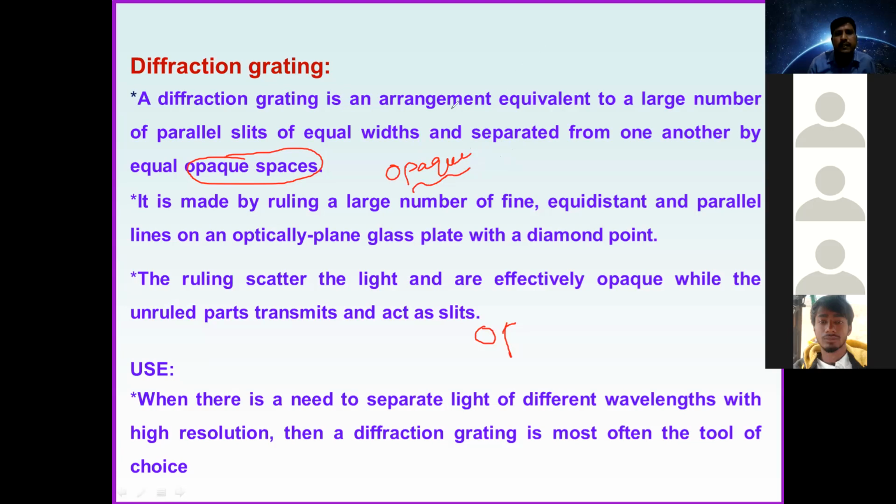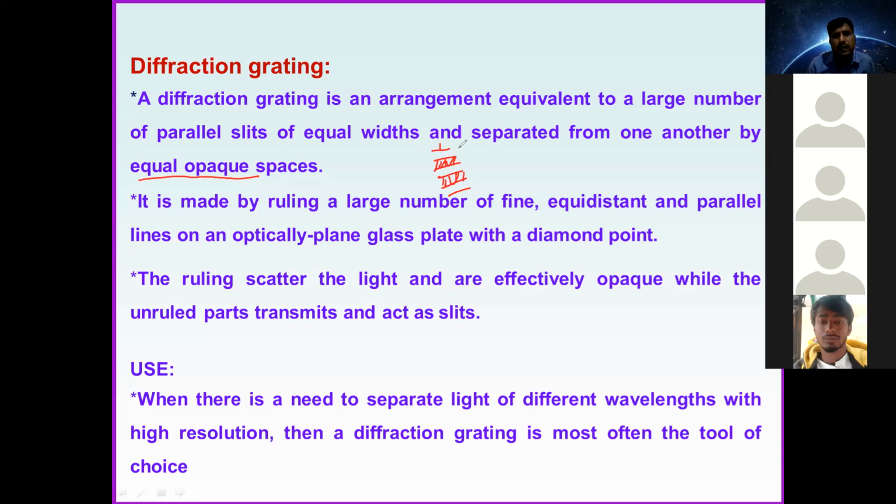So basically, when you keep the slit, what happens? It should be like this. This is the arrangement actually. If you can observe here, this is the opaque place. This is the opaque place.